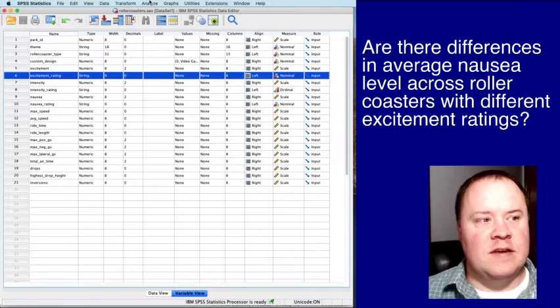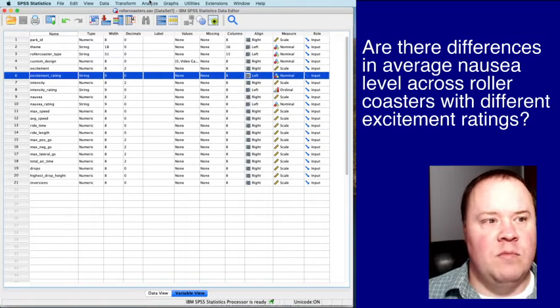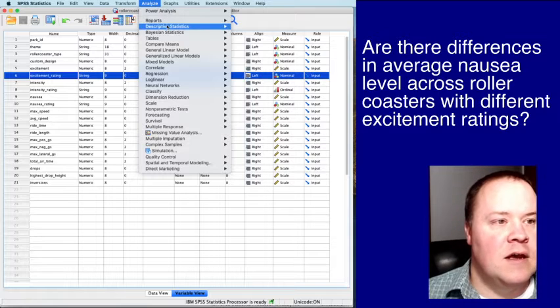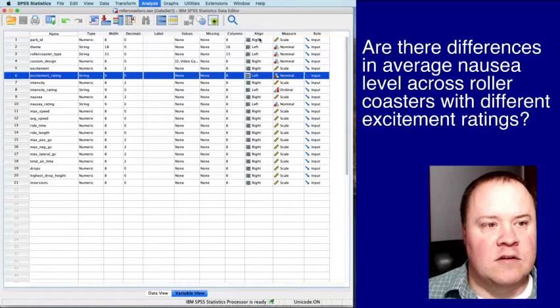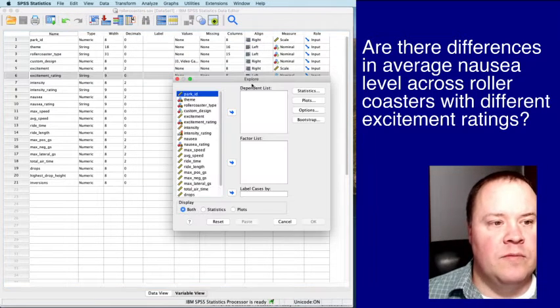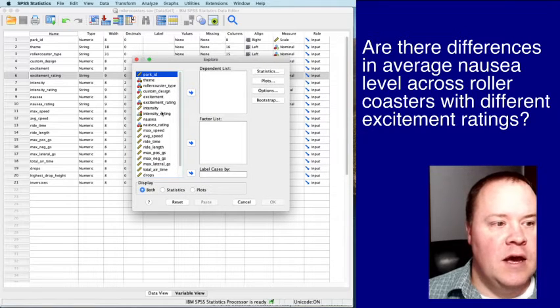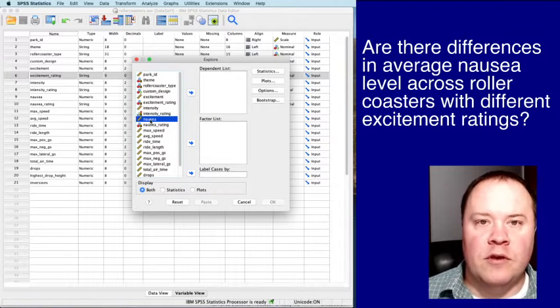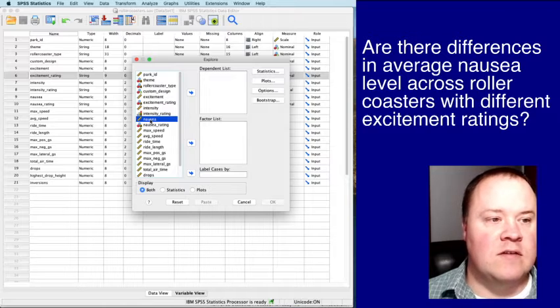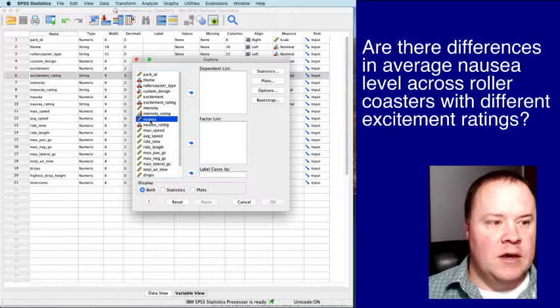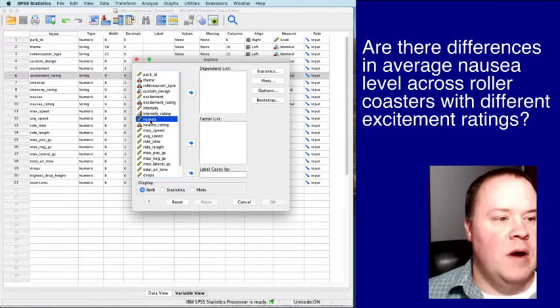So the first thing to do if you're just trying to explore the data is to start by going to Analyze, Descriptive Statistics, and Explore. I really like this option. It allows us to take the nausea variable. You'll notice it has a ruler next to it, meaning it's a continuous variable. It has ratings from about 0 to about 10.